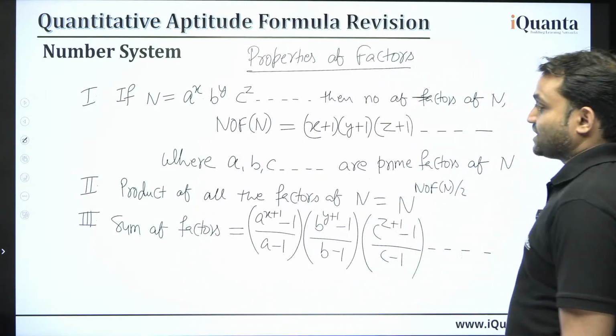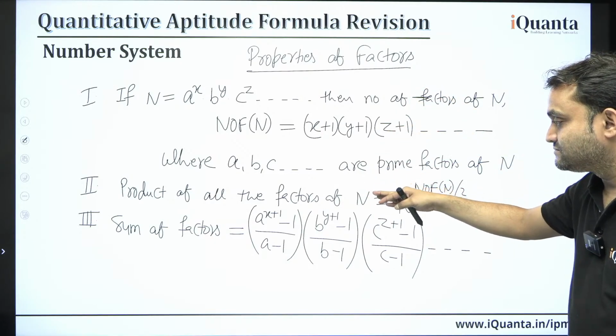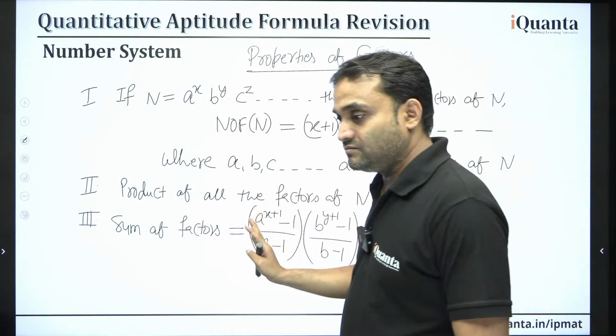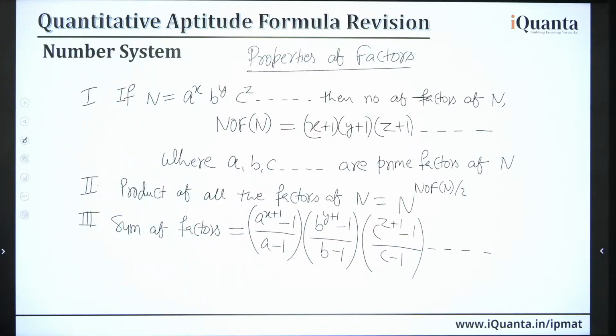So number of factors, product of all the factors, sum of factors. These three things, okay? So note it down and write done if you are done with it, okay?